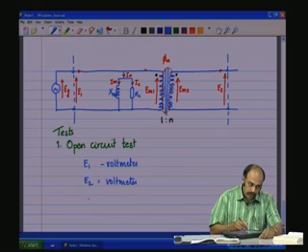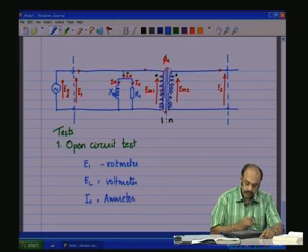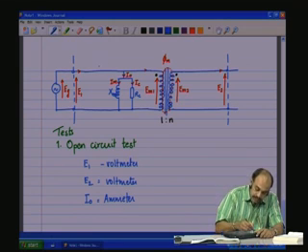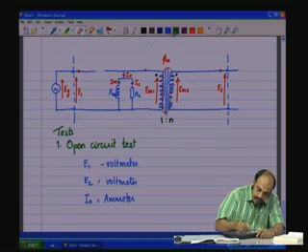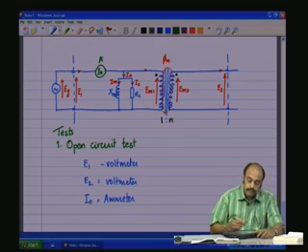Then we can also measure I0. I0 can be measured by connecting an ammeter in series to measure I0. This is an ammeter which connects.